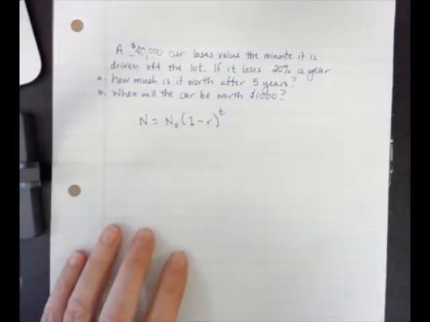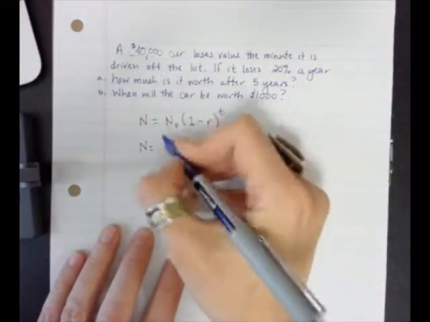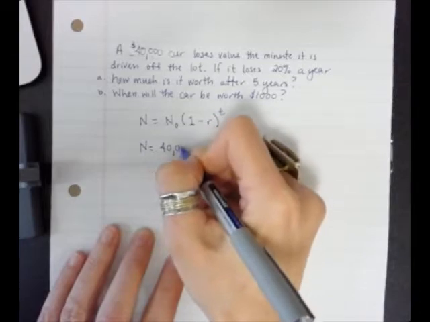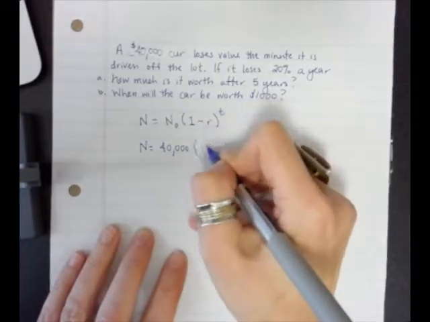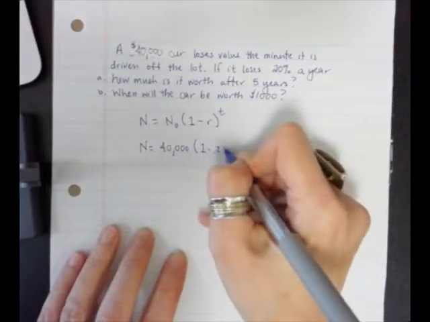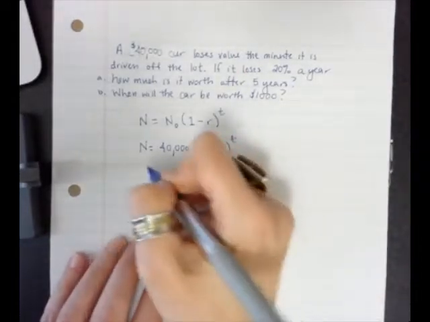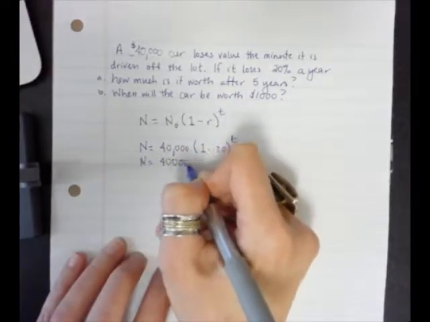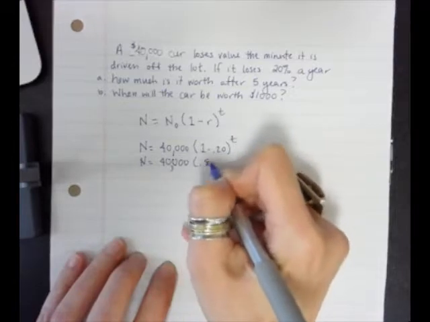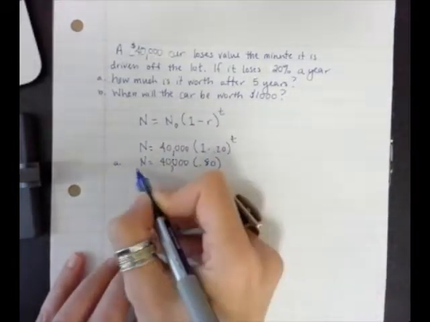So I have N equals, it's a $40,000 car, that's my initial, that's my N sub O. 1 minus 0.20 because it's a 20%. Okay, so what else can I put in here? I can put 40,000. I can do the math, 0.80. And A is asking me, what will it be after 5 years?